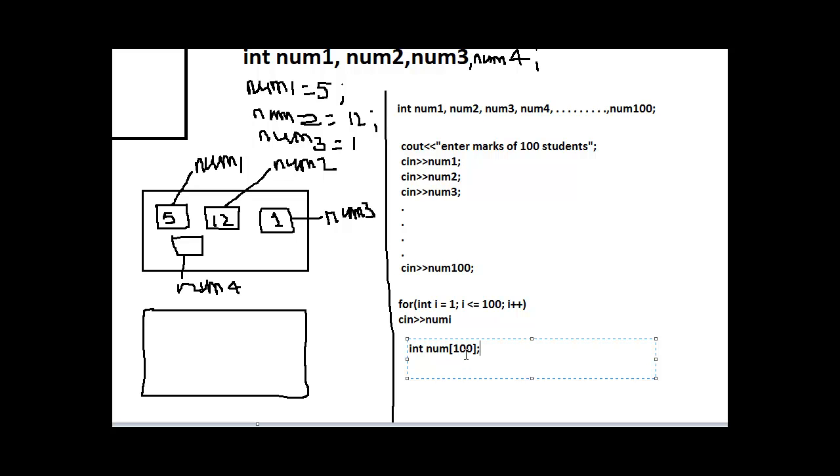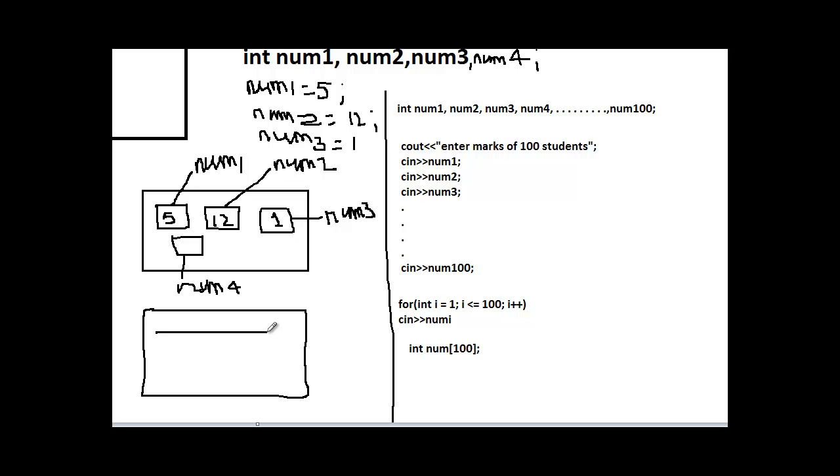This will tell the computer to reserve 100 blocks of integer size. So the computer will begin from here and reserve 100 locations.